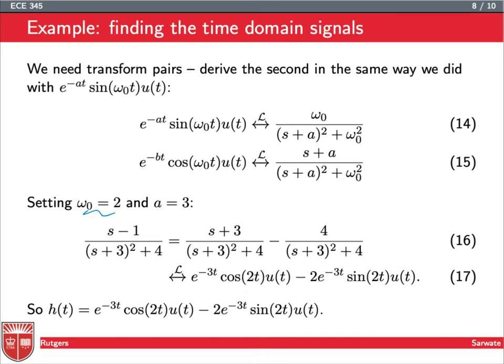And then in order to make this s minus 1 in the numerator, we have to subtract 4 over here. So that's actually 2 times omega naught. Omega naught is equal to 2, so 4 is equal to 2 times 2. And again, we have e to the minus 3t, and now sine 2t, u of t. Right, so here's my impulse response for this causal system based on a linear constant coefficient differential equation.